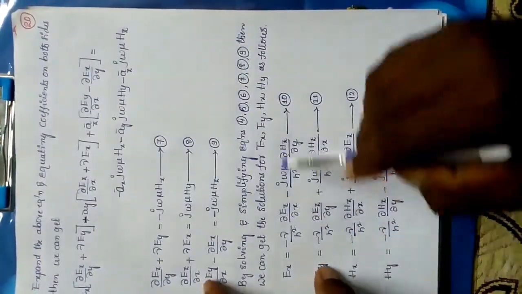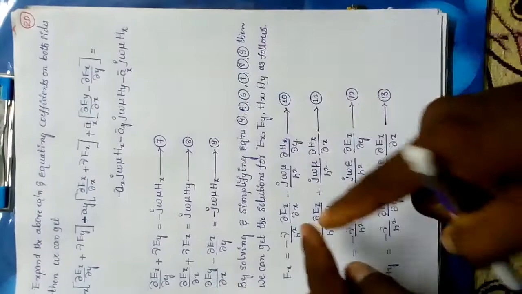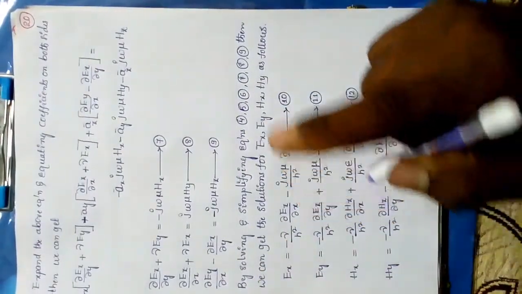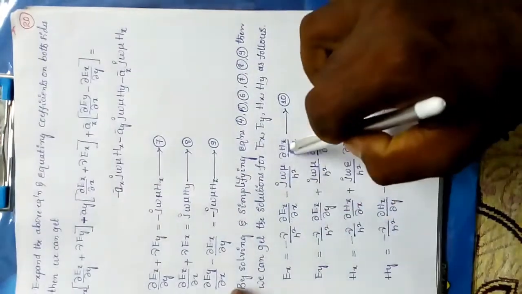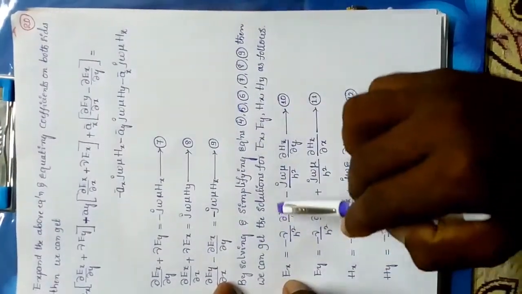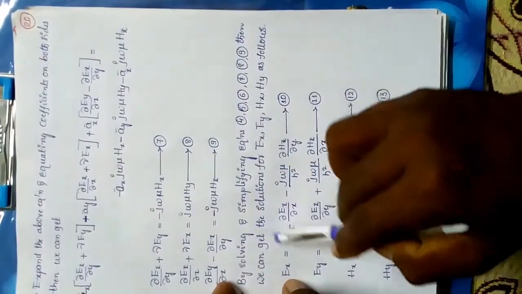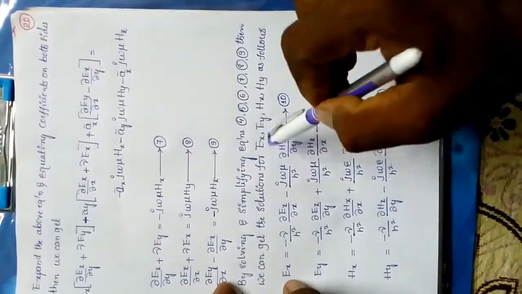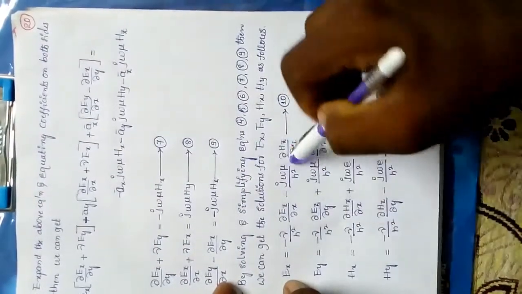Wherever Ez and Hz are there, you simply substitute 0. So Ex is equal to, Ez is 0, so this term is completely 0. Here Hz is also 0, so this term is completely 0. So 0 minus 0 is always 0.